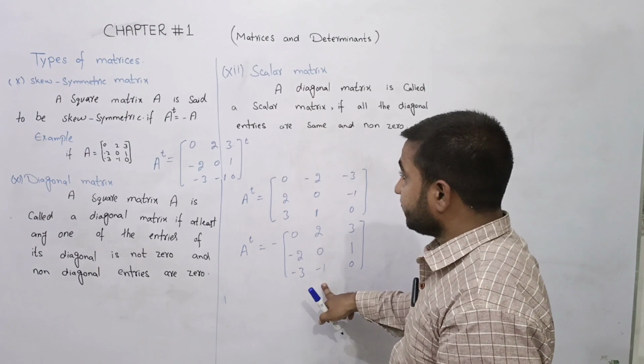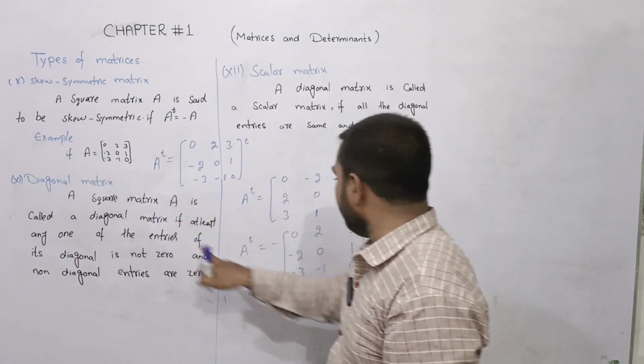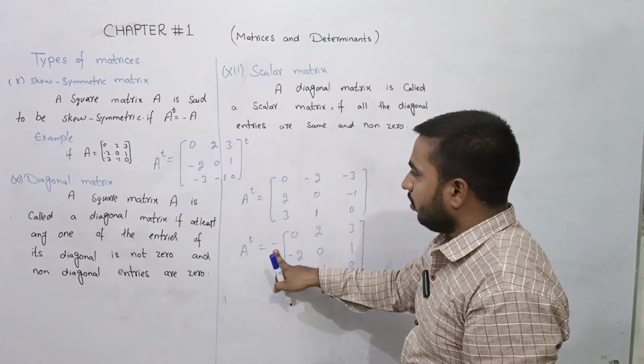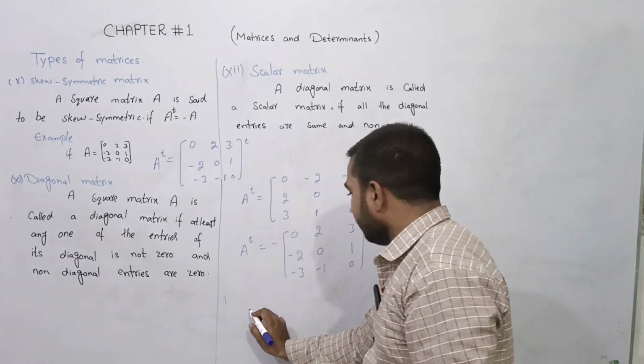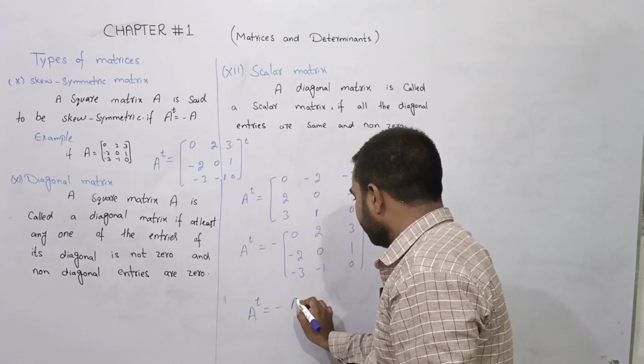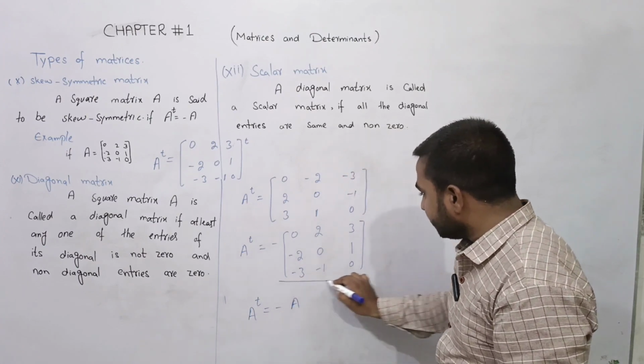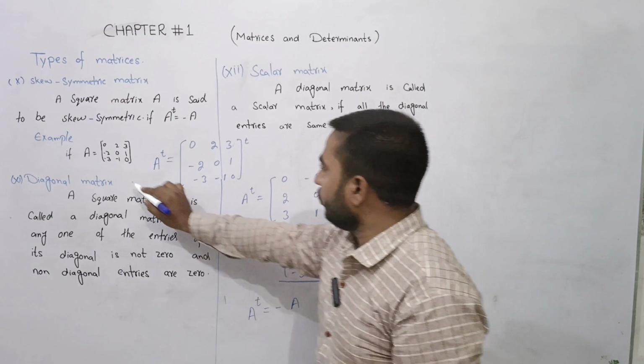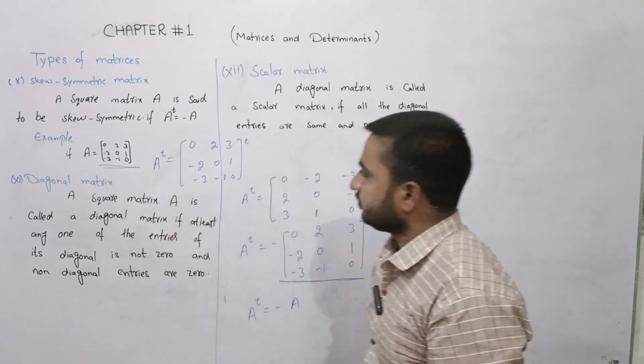We check this matrix is equal to A. If we take the minus common from this matrix, we write A transpose is equal to minus A because this matrix is equal to the A matrix.